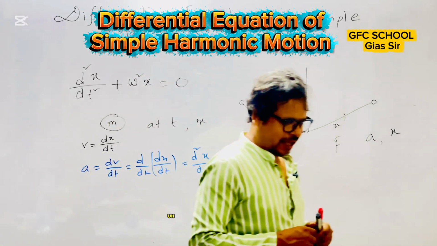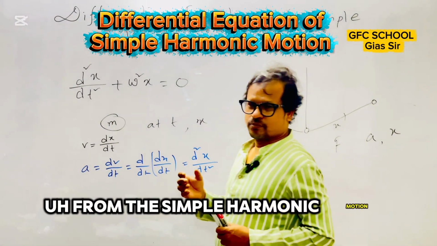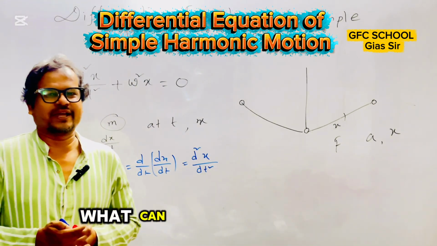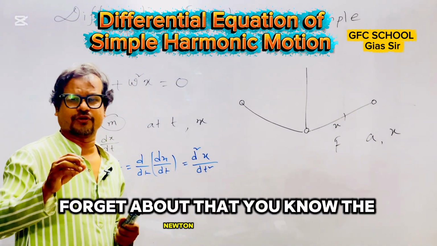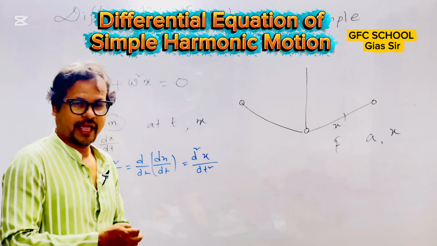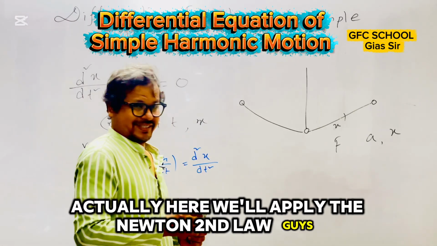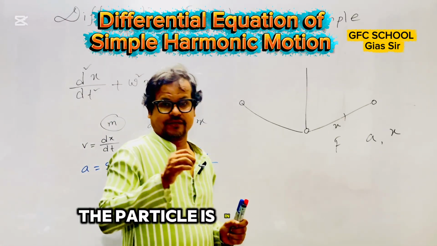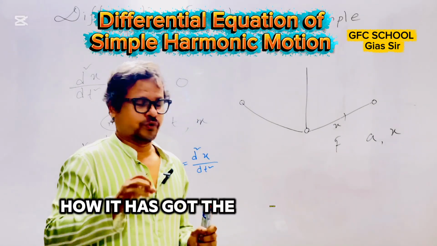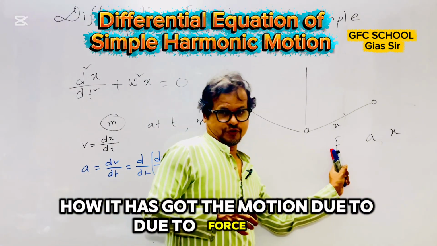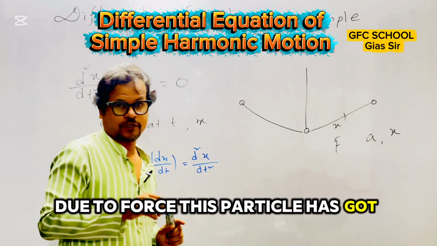Now, from the simple harmonic motion condition, what can we say? Anyway, forget about that. We know Newton's second law. Here we'll apply Newton's second law. Guys, the particle is in motion. How has it got the motion? Due to force. Due to force, this particle has got motion.